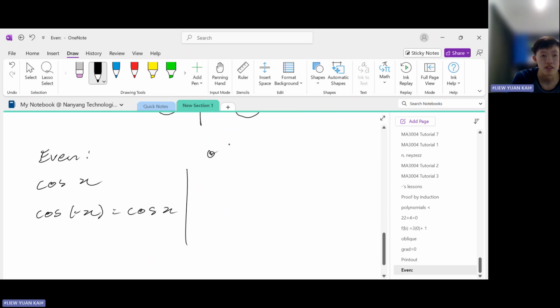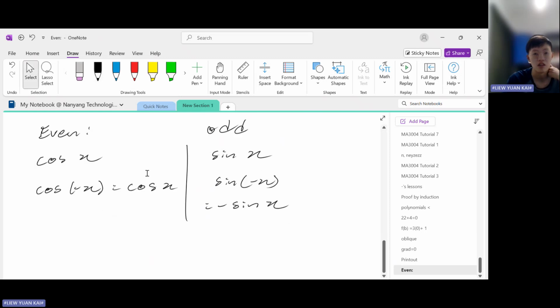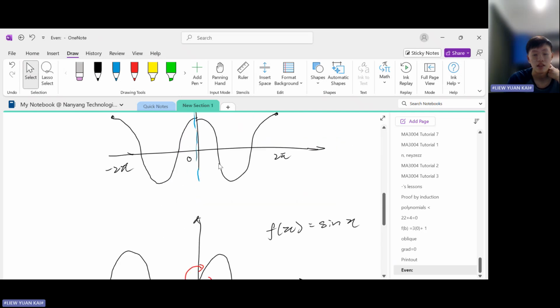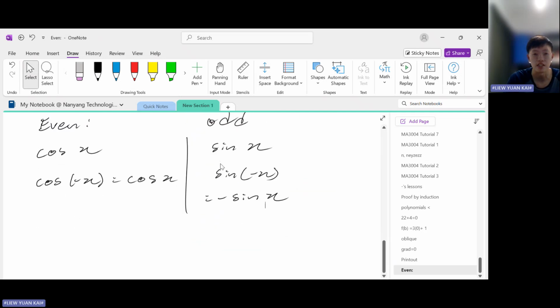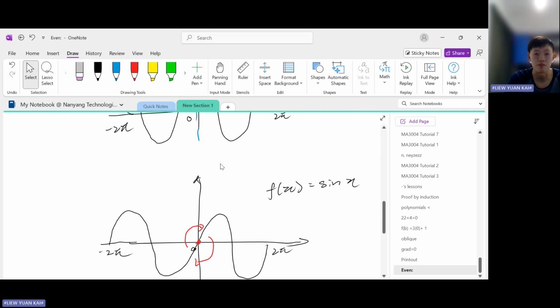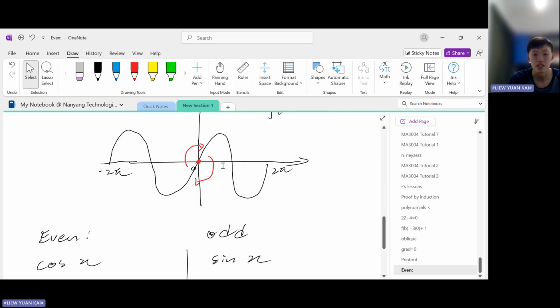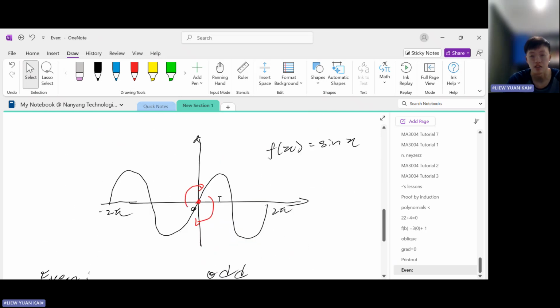Whereas for odd functions, our most important example is sine of x, where if you take sine of negative x, it will give you negative sine of x. And then you also need to know how to draw these respectively. Most important takeaway for graph sketching is even functions are symmetrical about the y-axis, odd functions are rotationally symmetrical about the origin. You need to know this because we're expected to sketch some graphs.